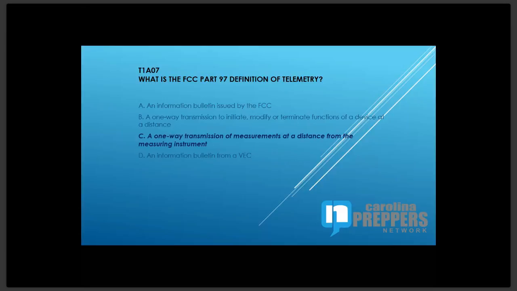What is the FCC Part 97 definition of telemetry? So telemetry, a lot of times, I first heard about telemetry in the medical field, but telemetry is often used in science.